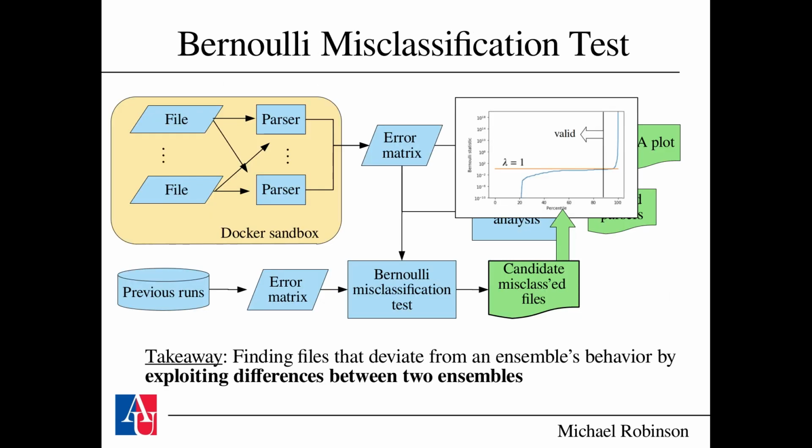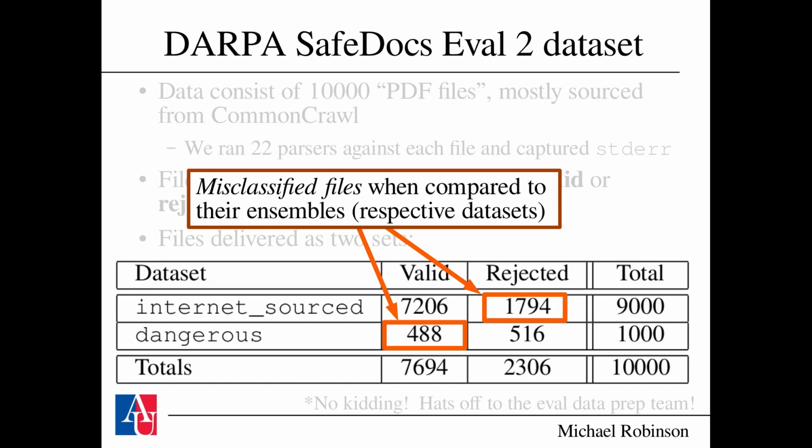Let's try to exploit the difference between the structure that we just saw to identify valid and invalid files. How do you hope to do this? Well, what we'll try to do is imagine that the internet-sourced data is largely a collection of positive examples, since the majority of those files are valid. A slim majority of dangerous files are rejected, so let's think of those as negative examples.